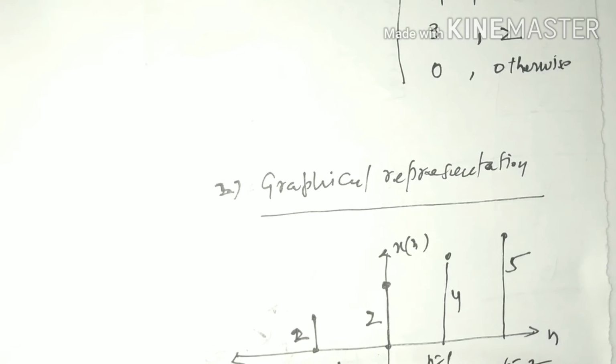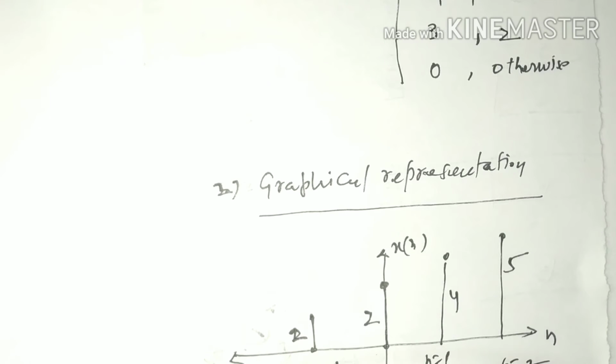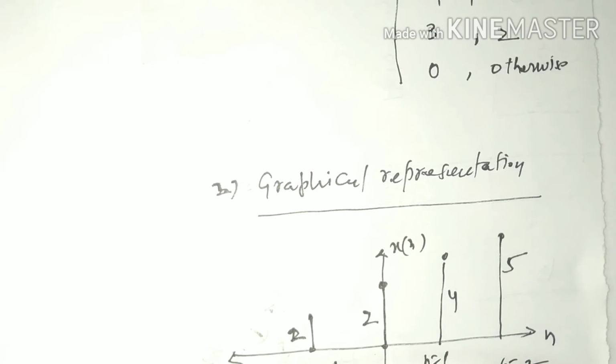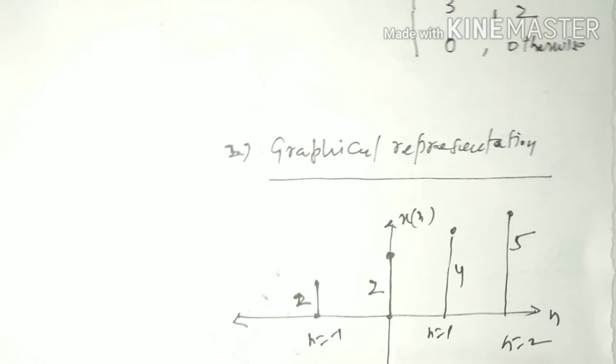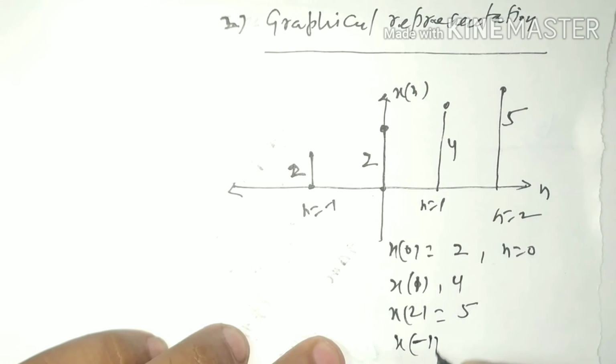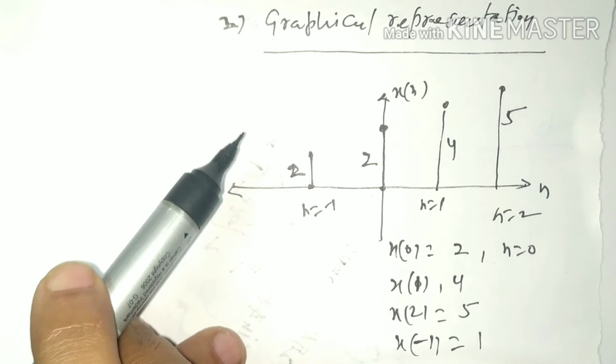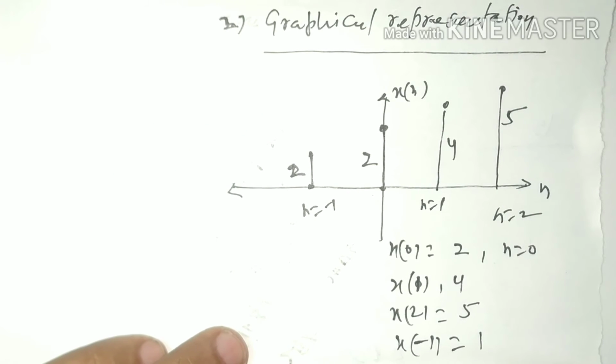From this graph we can also represent it functionally. We can know that x[0] equals 2 at n equal to 0, x[1] equals 4, x[2] equals 5, x[-1] equals 1. We can represent a graphical representation by a functional representation.